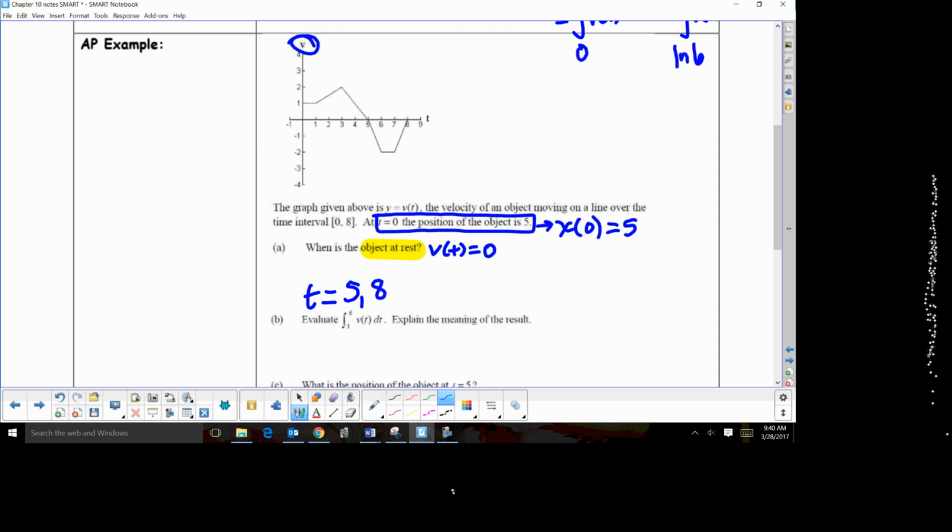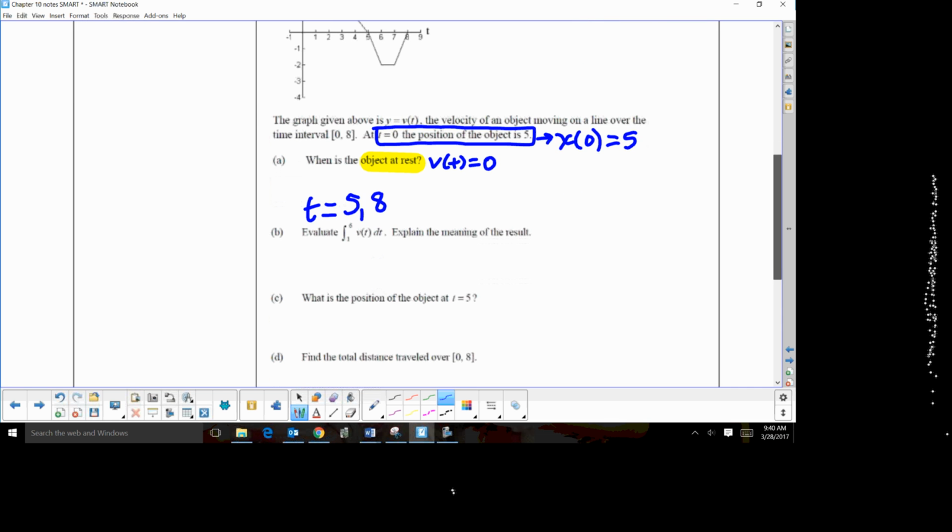Alright, evaluate from 1 to 6 of v of t dt and explain the meaning of the result. Go ahead. You're going to have to find some areas.